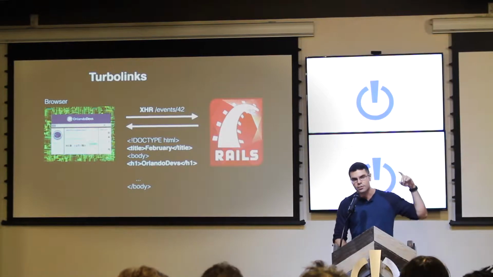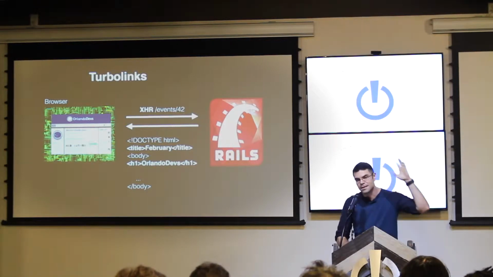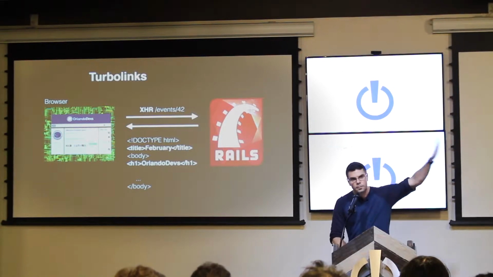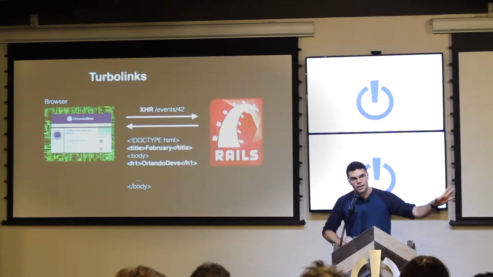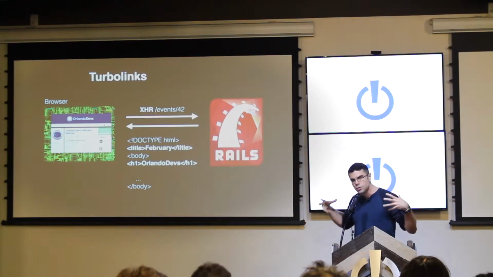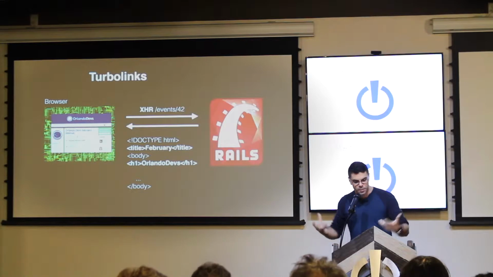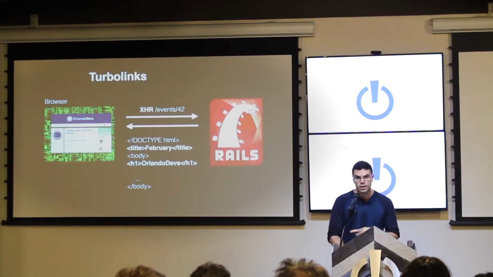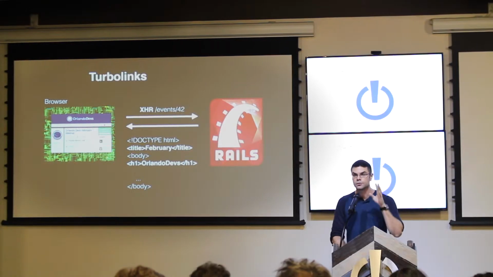What it does is replace the title tag and the body tag using JavaScript. So instead of seeing that full page reload, you don't see anything. You just see the page magically almost updating. So you have that perceived performance. That's Turbolinks, the first version that was released with Rails 4.